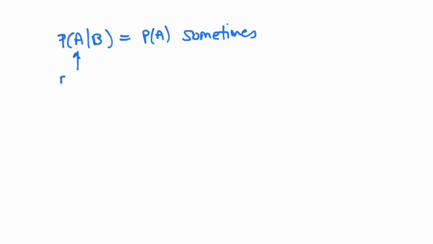Now, sometimes A given B is unchanged. This happens when the event B tells me nothing about event A. So for example, A is the event that it rains tomorrow, and B is the event that I ate pizza for lunch today.